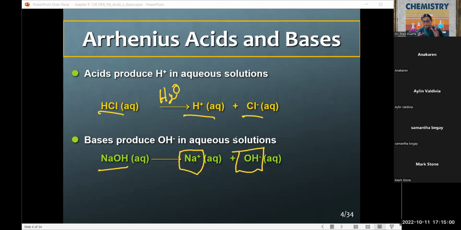Some of them dissociate, like I said, 100%, meaning there's a lot of ions in solution compared to others that are not as soluble but are weak as far as the strength is concerned. When we talk about strong acid, strong base, we're simply talking about the degree of dissociation and the degree of solubility. Okay. Now that is the Arrhenius definition. Anything that produces a proton is classified as an acid. Anything that produces a hydroxide in aqueous solutions is classified as a base.